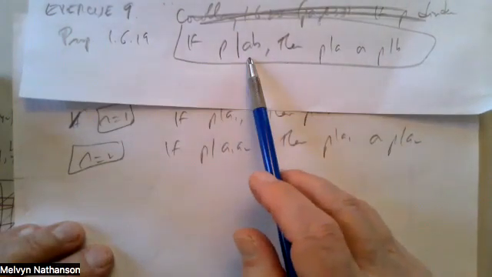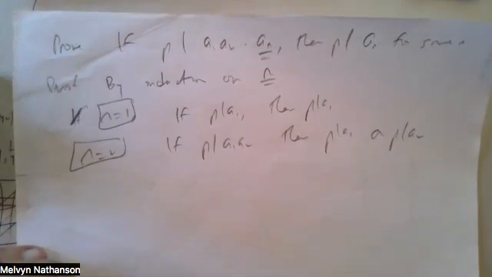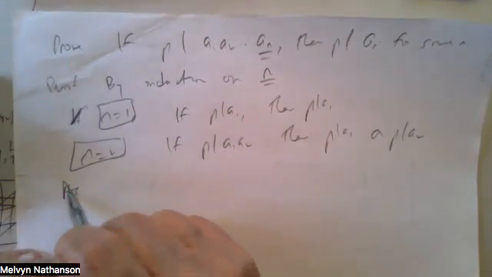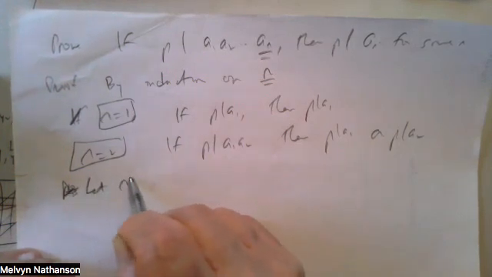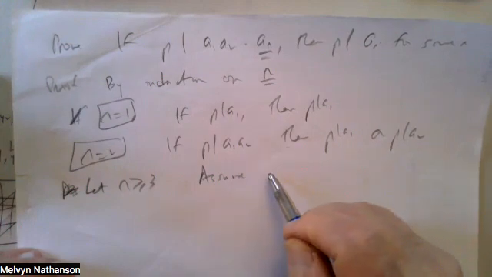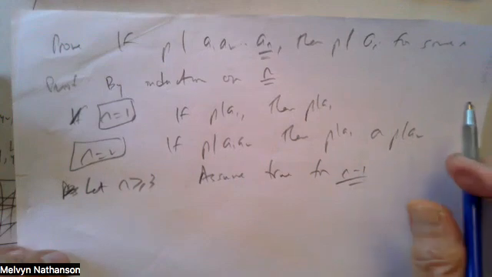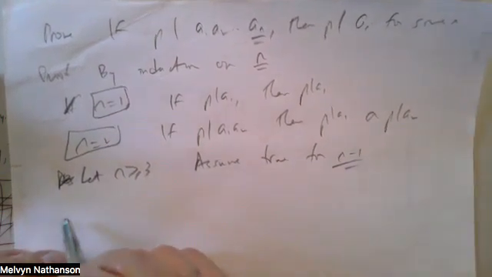But that's exactly the proposition, 1.619. If P divides a product of two numbers, it divides one of them. So we know this statement is true for R equal 2. So suppose we let R be at least 3 and assume that the statement is true for R minus 1 integers. Right? This is the induction hypothesis.